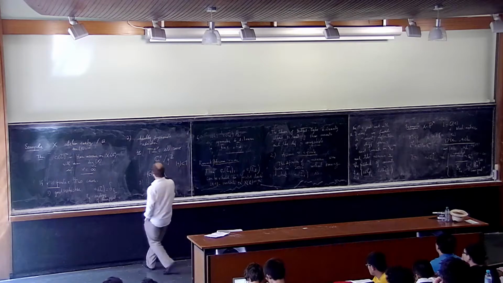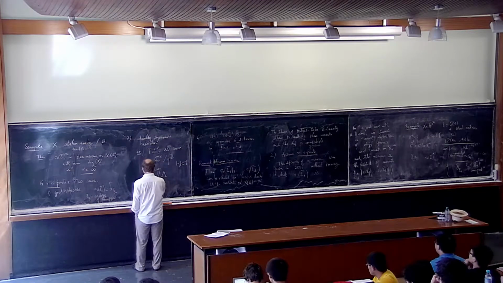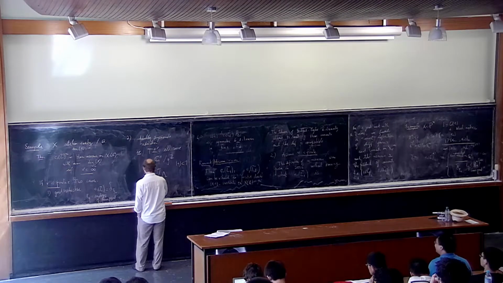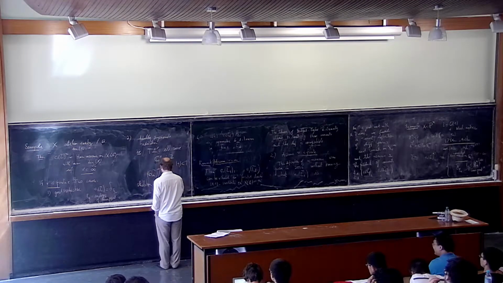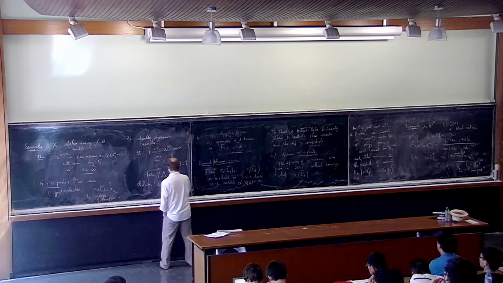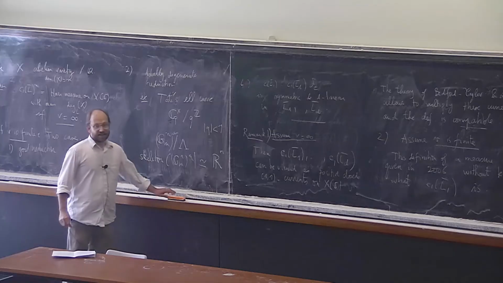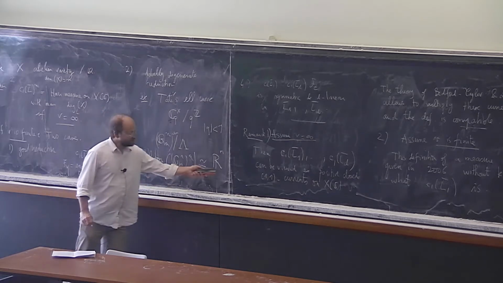And so inside of this, you have something which is called the skeleton of G_m^n, which is canonically isomorphic to R^n.